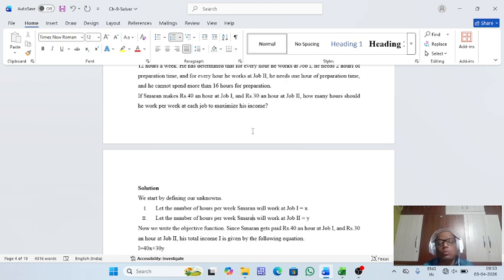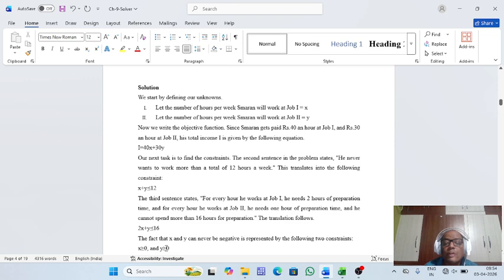So the income I will be 40 into X plus 30 into Y. Hours spent in job 1 is X, hours spent in the second job is Y. So his income will depend on how many hours he is working on job 1 and how many hours on job 2, and accordingly he will be paid 40X plus 30Y. I hope it is clear.